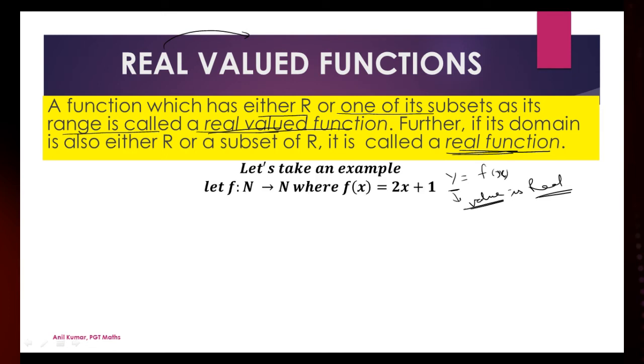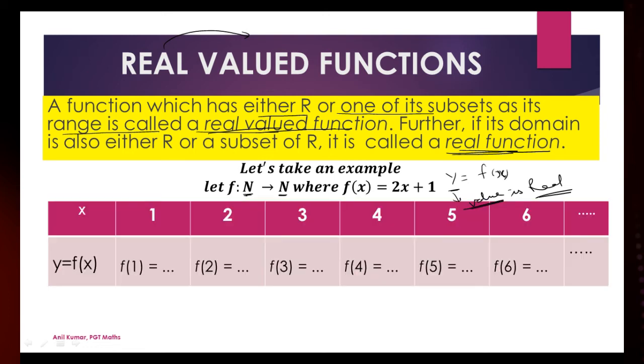Now take an example. Its domain is natural numbers, which is a subset of real numbers, and codomain is also real numbers, so it's an example of a real function. Let's find out the values. When x is equal to 1, the function's value will become 2 into 1 plus 1, so 2 plus 1, that is 3.